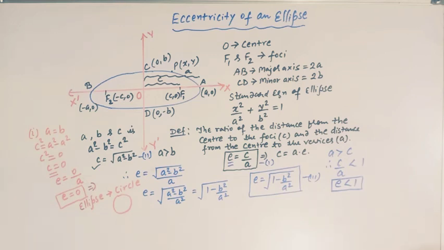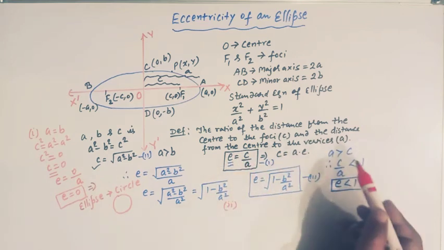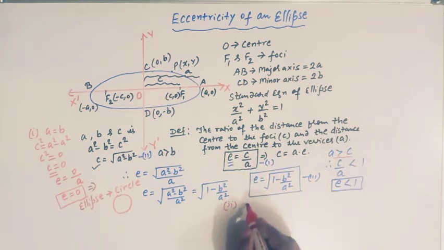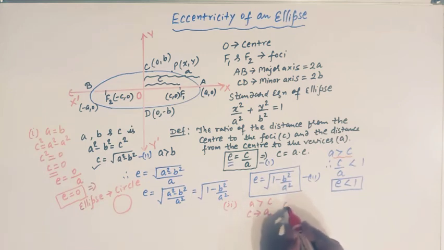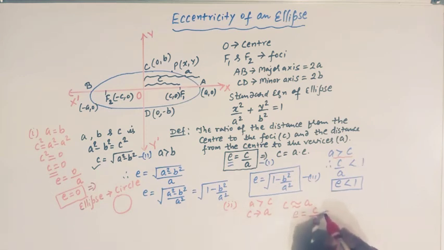Okay, now let us consider one more situation. We know that the value of a is greater than c. Now when the value of c approaches a, it means when c is almost equal to a, then the eccentricity becomes a divided by a, and it is almost equal to 1, right?